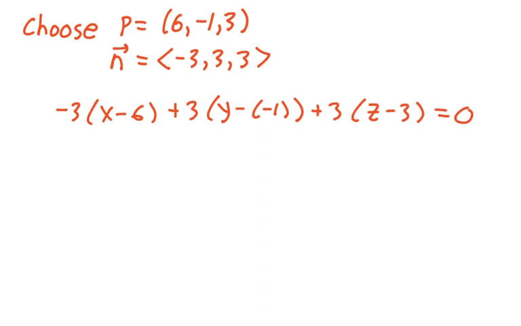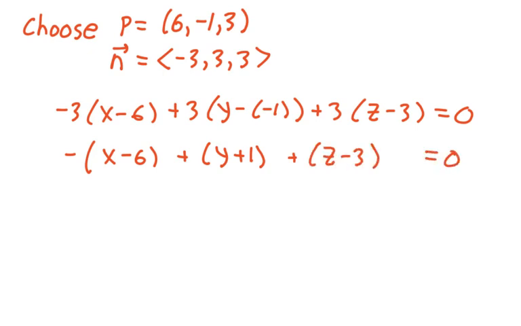So it looks completely different, but if all worked well, it's going to reduce to the same plane, right? It's going to reduce to get exactly what we need. So I'm going to divide everything by 3. So we get the opposite of x minus 6 plus y plus 1 plus z minus 3 equals 0.